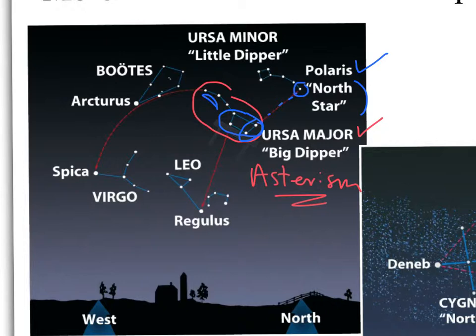So use the bowl stars in the Big Dipper to find Polaris. Polaris is in the handle of the Little Dipper, which is another asterism in Ursa Minor.